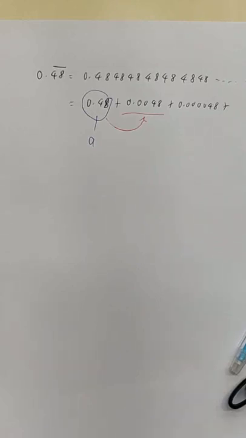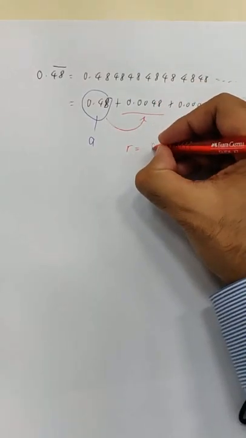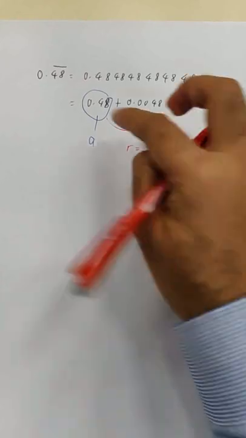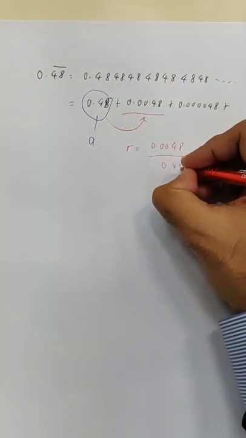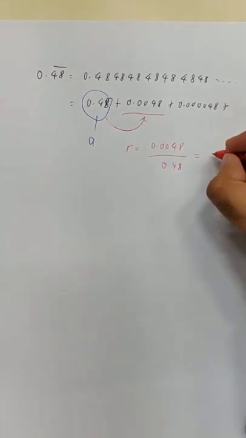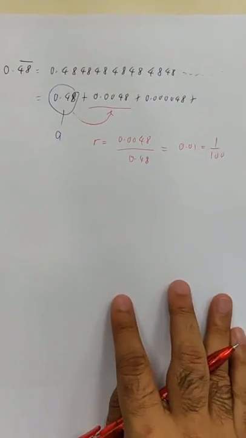It's not difficult to find R. How do you find R? The second term divided by the first term. So what do you get? 0.01, but we can also say 1/100. Both are fine.